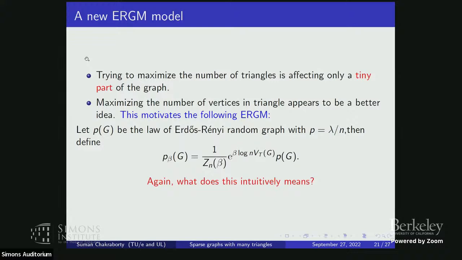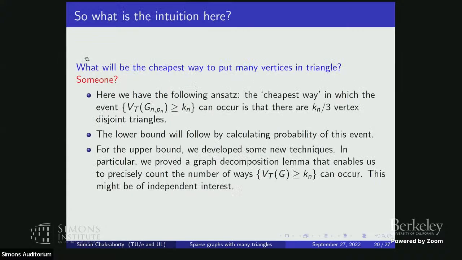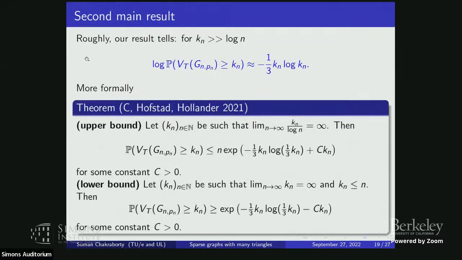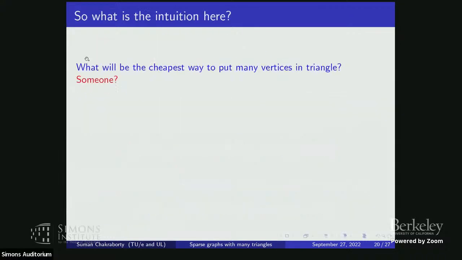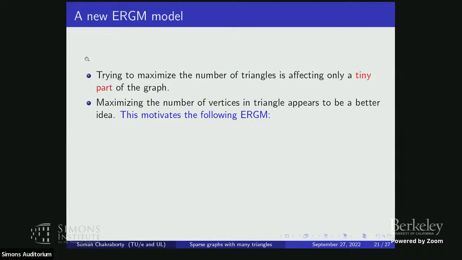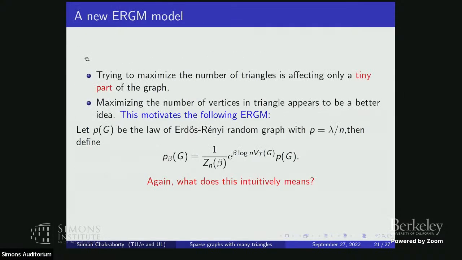So remind us why beta log n? Good question, very good question. So this is essentially n log n. When k_n is n, this is n log n. When we are proposing this model, this is the fraction of vertices that are part of a triangle, and this is n log n.